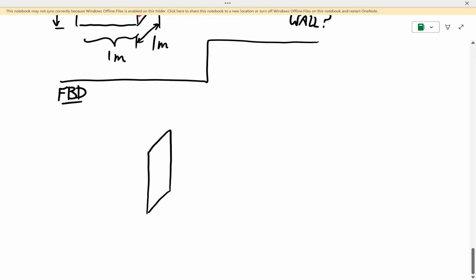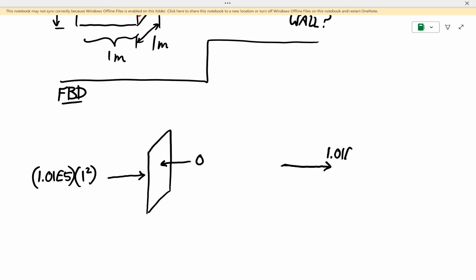And so the force is 1.01 times 10 to the fifth times the area, which is 1 meter squared. The pressure coming from the outside applied to this wall is zero because there's no pressure. And so there's a force in this direction of 1.01 times 10 to the fifth newtons.